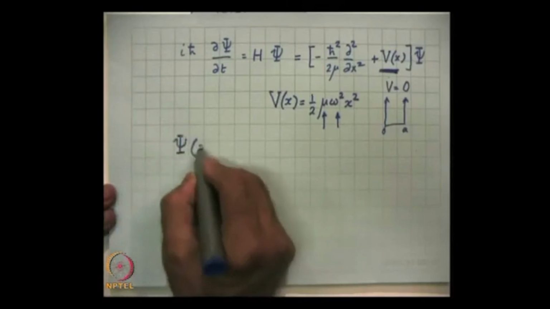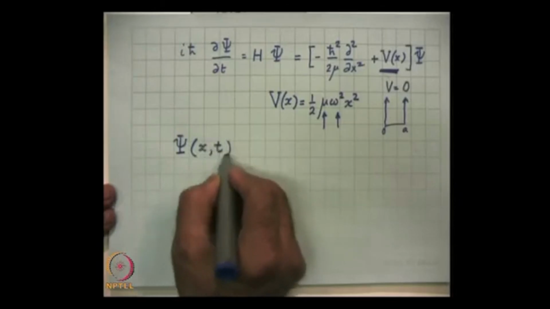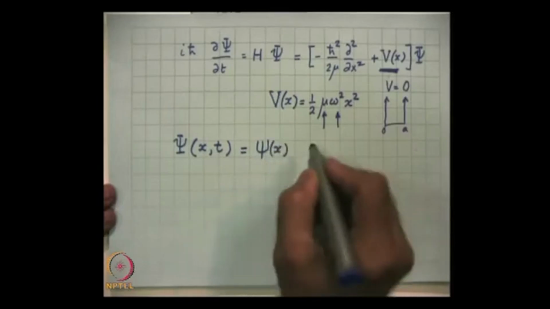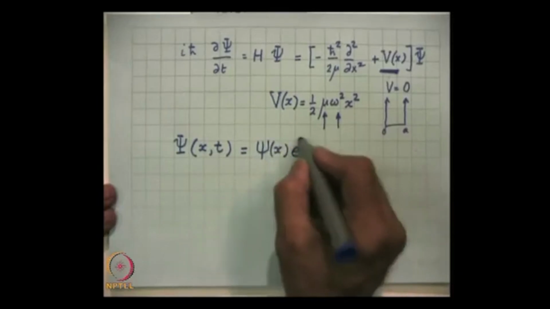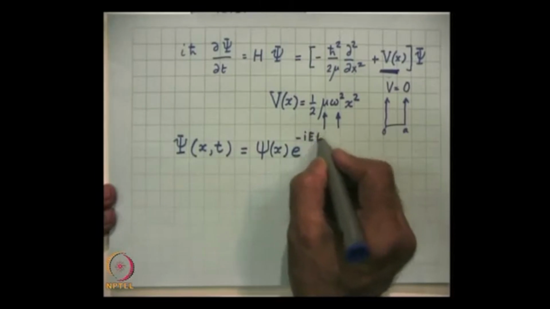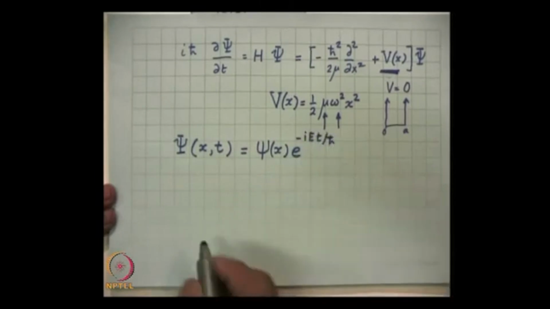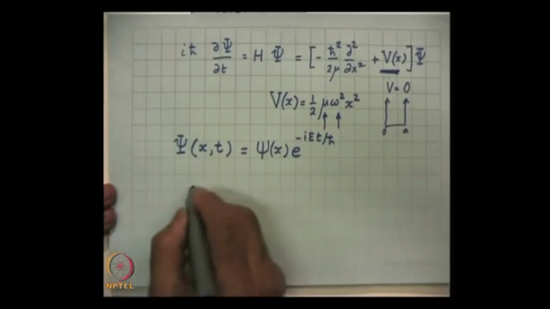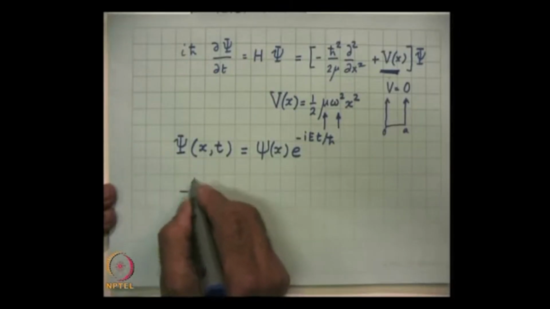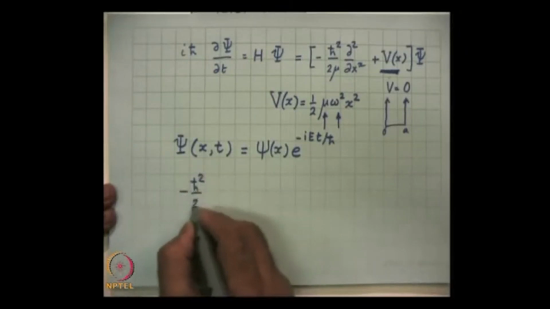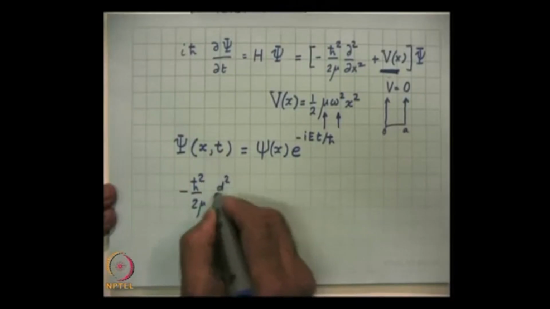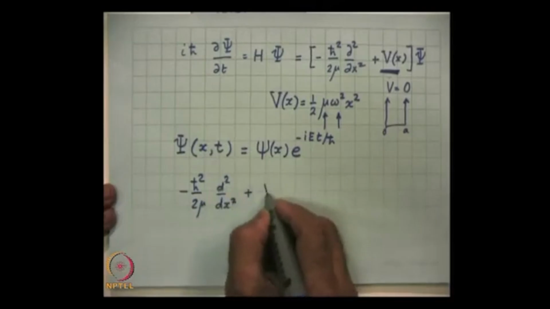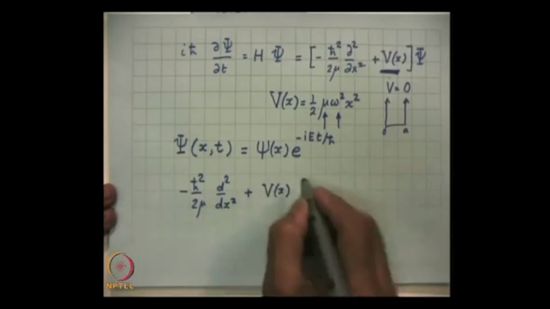If we carry out this separation of variables, then psi of x and t is small psi of x times a function of time, which can be shown to be equal to e to the power minus i E t by h cross, where psi of x satisfies the following eigenvalue equation: minus h cross square by 2 mu d 2 by dx square, now it is the total differential, plus V of x, psi of x.